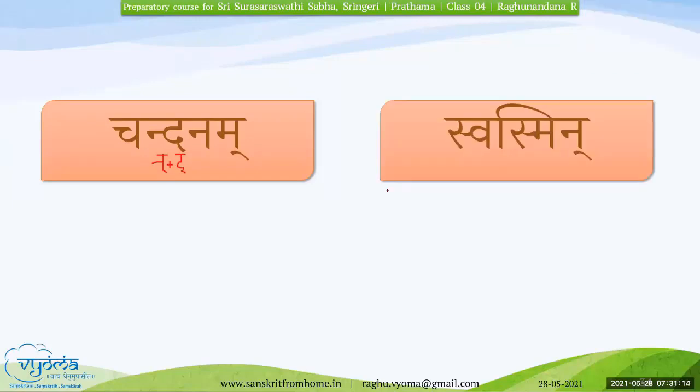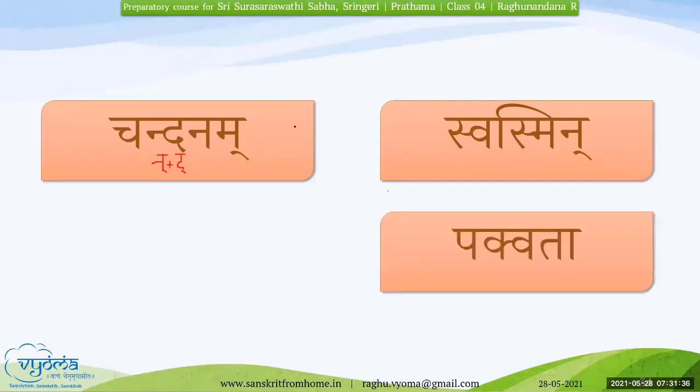Swasmin. Very good. S plus v, Swa. S plus m. Very good. Okay. Next. Pakva. K plus v, kva. Very good. K plus v, kv. Try to pronounce it as a half matra only in all the places.